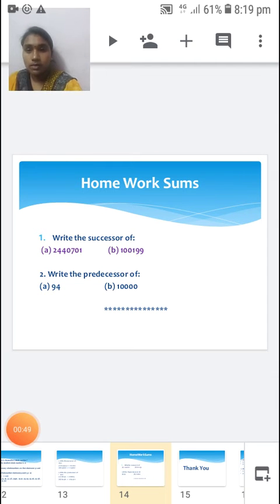So this was the homework sum I gave you in the previous session. I told you to find out the successor of the following numbers and the predecessor of the given number. Let me discuss the answers.